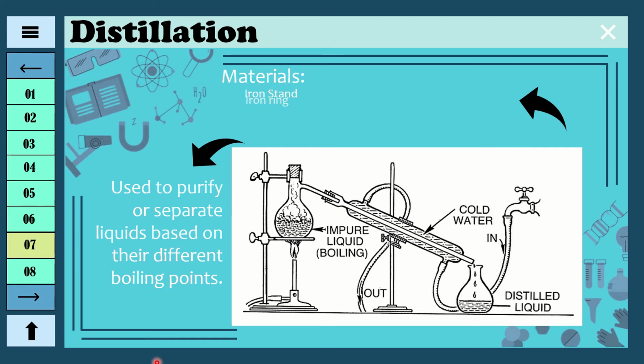Materials are iron stand, iron ring. If without iron ring, you can use hot plate instead of Bunsen burner. Next is clamp holder to support the extension clamp.